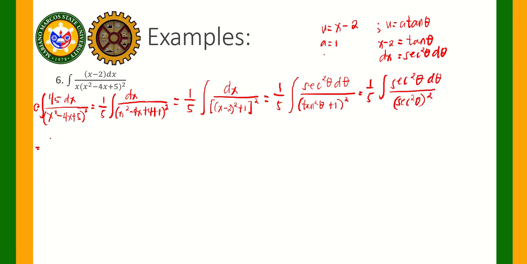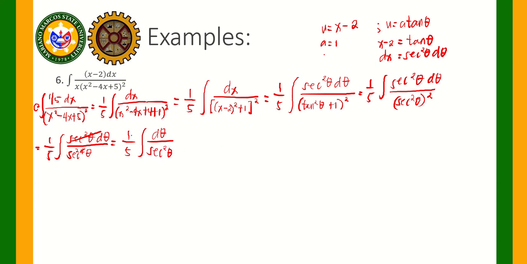And we simplify that, that will be equal to 1 over 5 secant squared theta d theta all over secant squared theta squared. So, we just multiply the exponent. So, that will be equal to secant raised to 4 theta. Okay, and then we can cancel this one, and what remains here will be 2. So, this will be equal to 1 over 5 the integral of d theta all over secant squared theta.